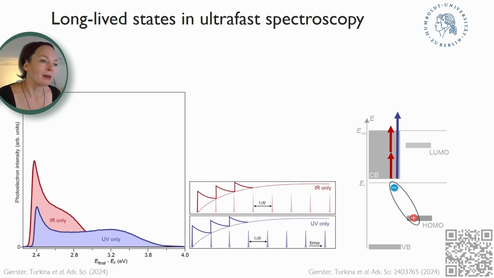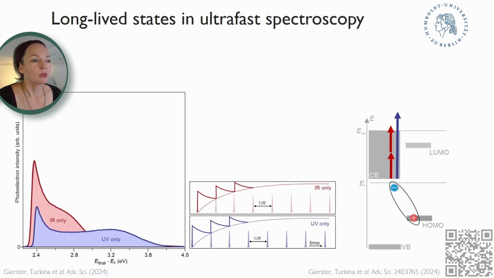Now, keeping in mind that sometimes excited states have lifetimes exceeding the inverse repetition rate of the laser system, we need to explore whether this is the case for this experiment. If this were the case, photostationary states would build up for the single color experiments.